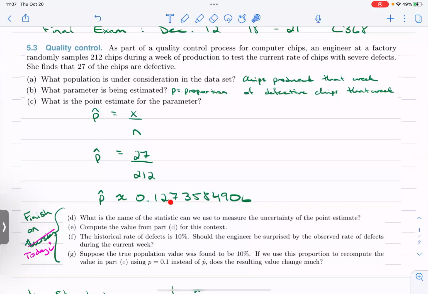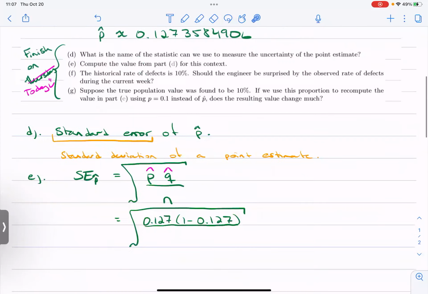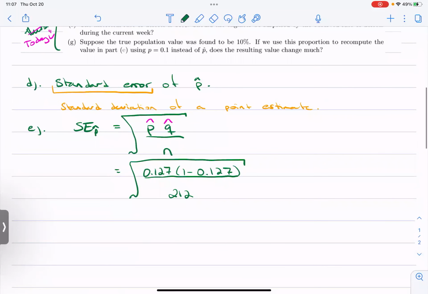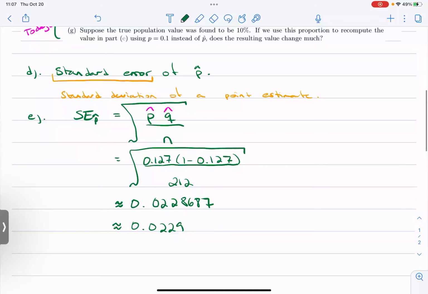And so we found the sample proportion of defective chips was 0.127, divided by n, which is 212, which gets me to approximately 0.022867, which I'm going to round to 0.0229, just to kind of keep it more concise.